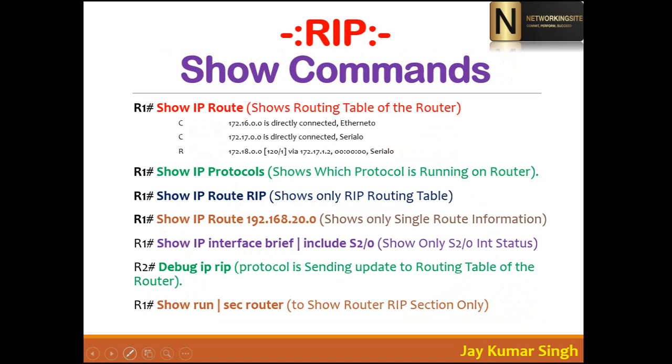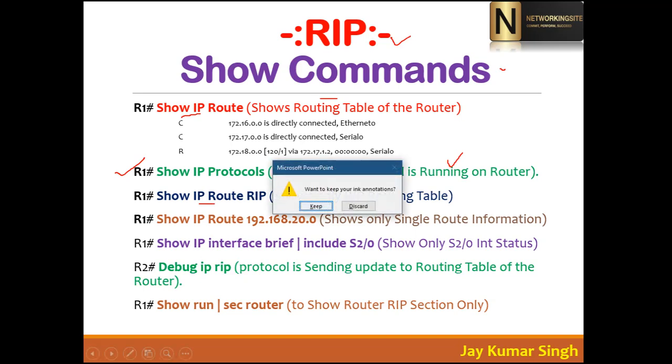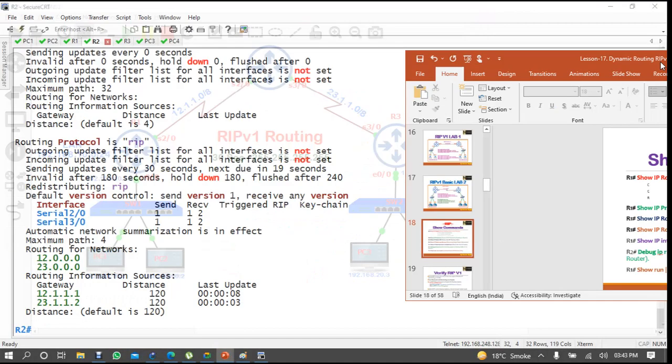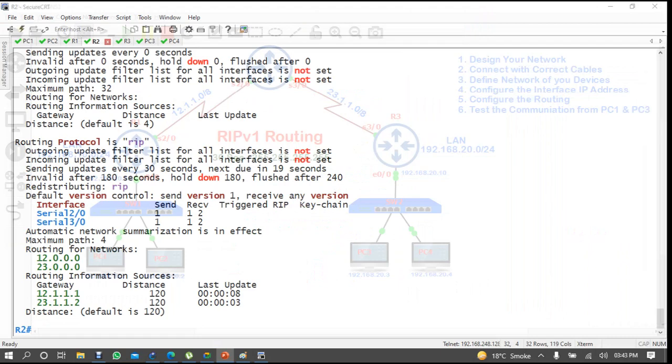Now we have checked some show commands. Show ip route will show you the routing table of the router, and show ip protocols will show you the protocol which is running on the router. Now we have some other commands, like show ip route rip. Let me show you the output of those commands.